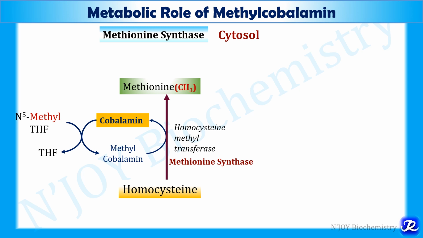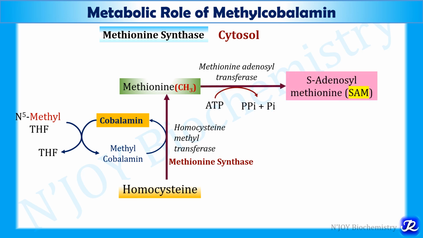And then how is this methyl group further used in the transmethylation reaction? Methionine cannot donate its methyl group because it is not the active methyl donor. So it has to be converted into active methyl donor, that is S-adenosyl methionine, which is also called as SAM, by the action of enzyme methionine adenosyl transferase, and this reaction requires ATP. Further, this S-adenosyl methionine donates or transfers its methyl group to the acceptor to form the methylated product.